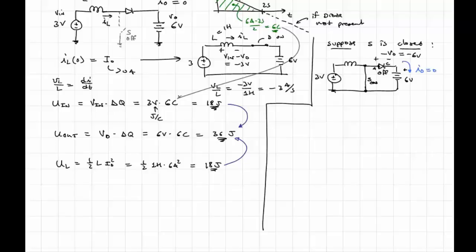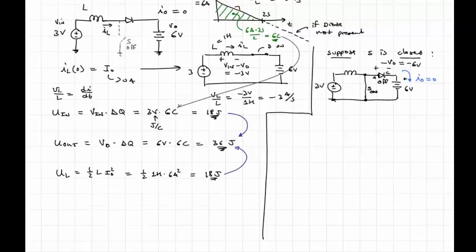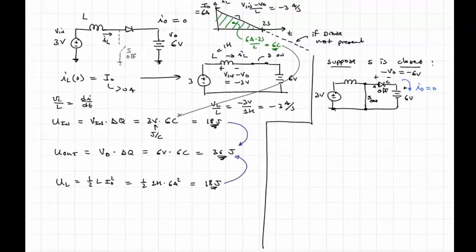That seems ineffective initially, right? We're trying to get current to the output. But we've already seen that if you do have current flowing in the inductor, you can get current to flow uphill and deliver energy to the output, or current and charge to the output. So that's good.